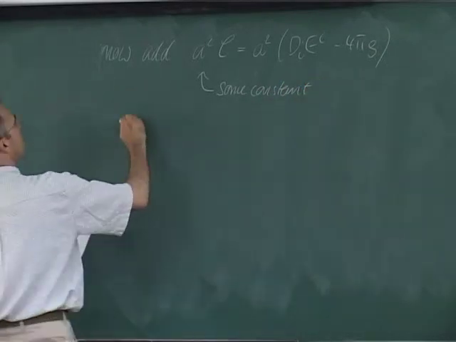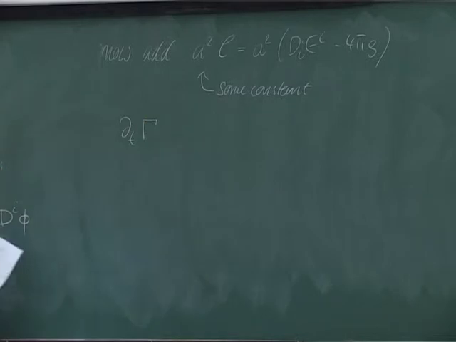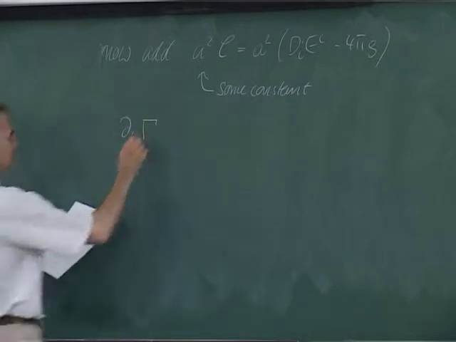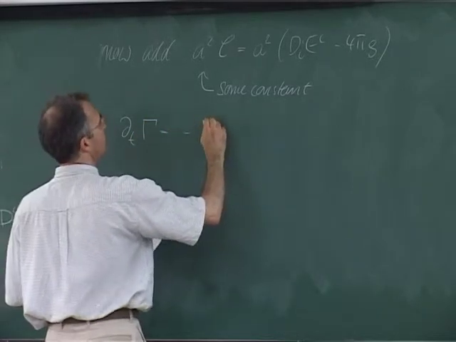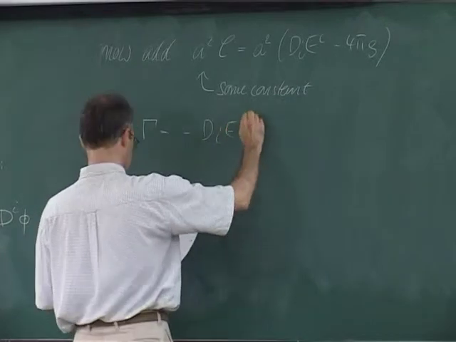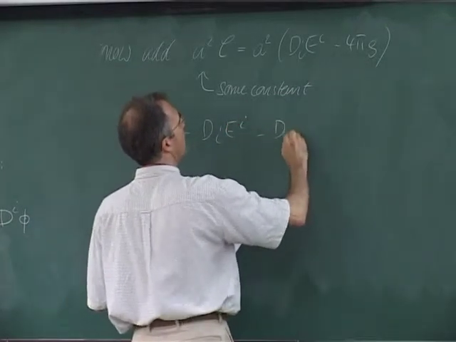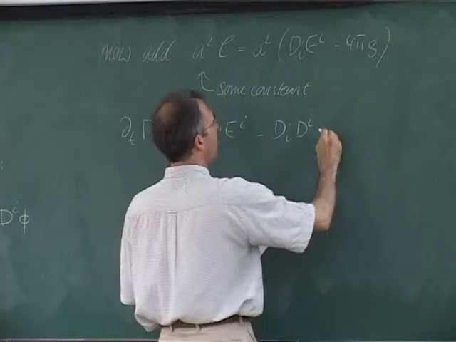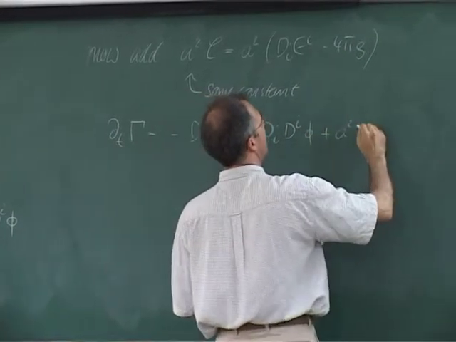And then my evolution equation becomes this: partial_t gamma equals minus d_i E_i minus d_i phi plus a squared C.